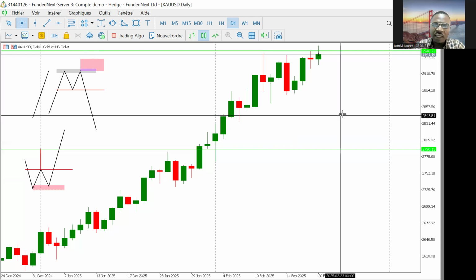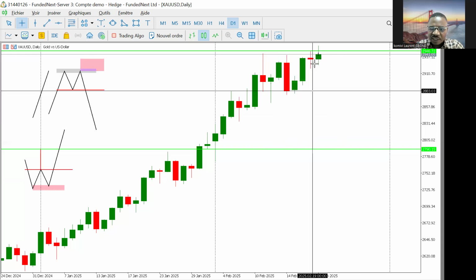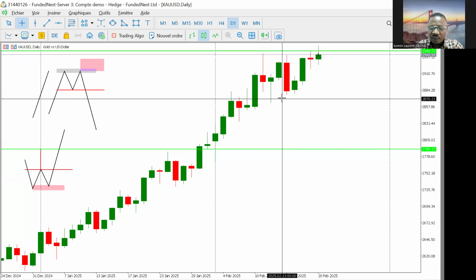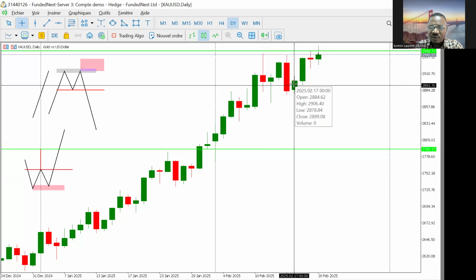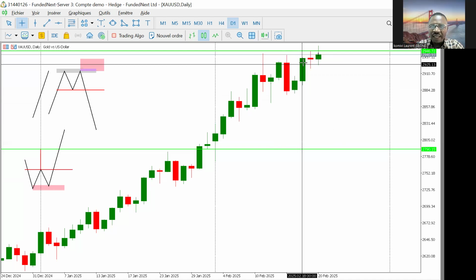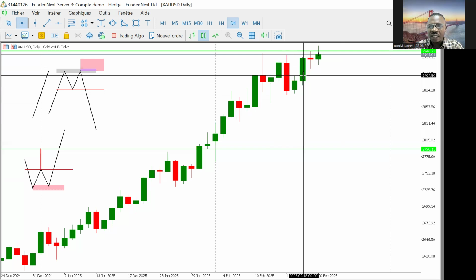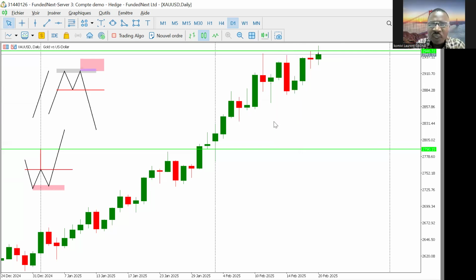For example, let me take this drop, this rising, this doji candle, and this bullish candle, this second bullish candle. We are in daily here. Okay, I'm going to talk about just this zone for the W pattern.